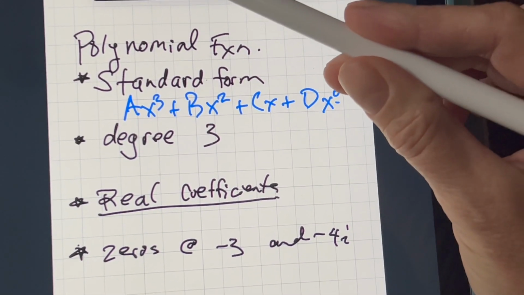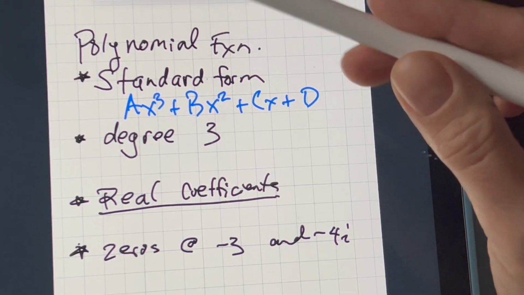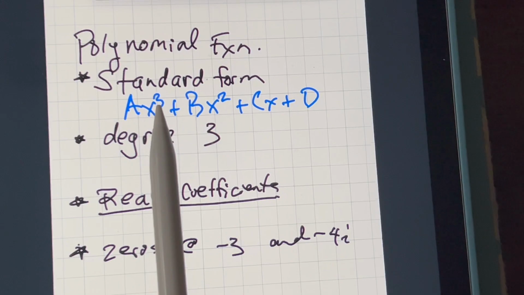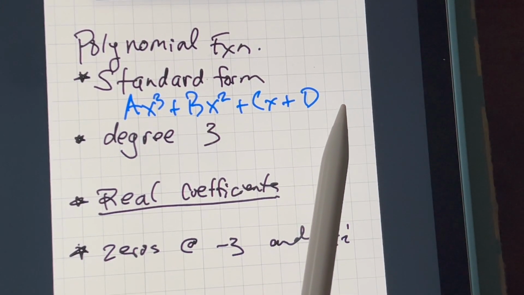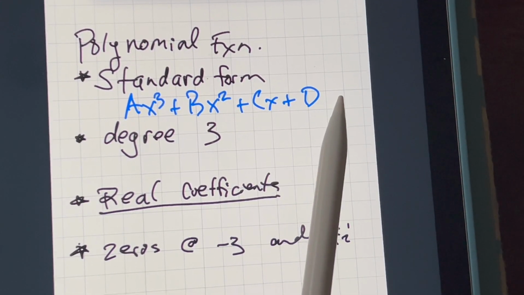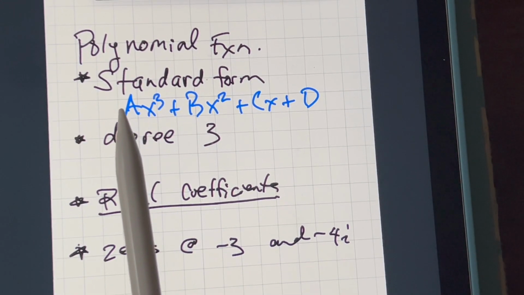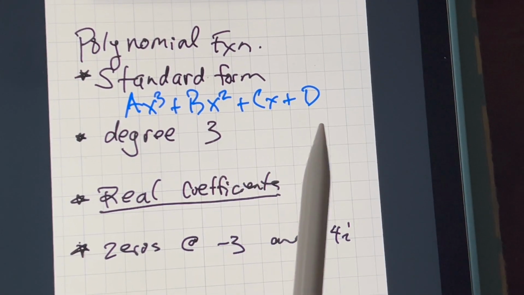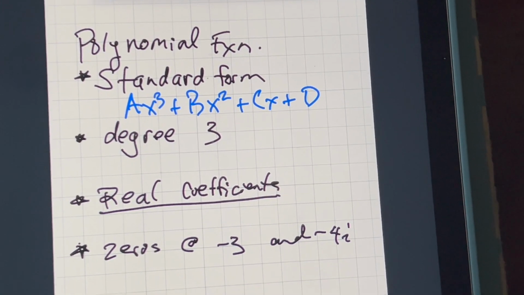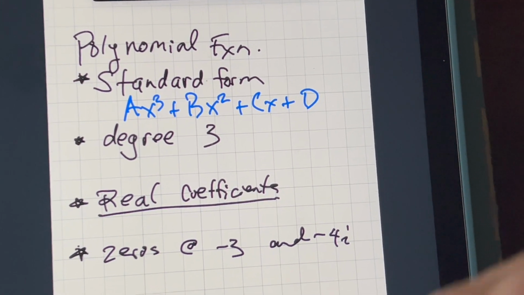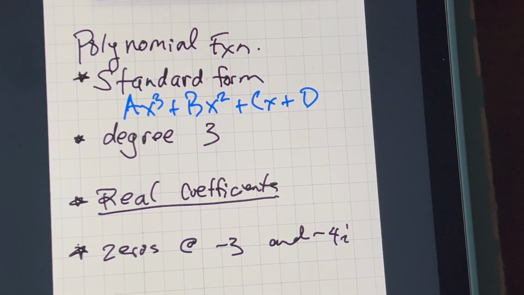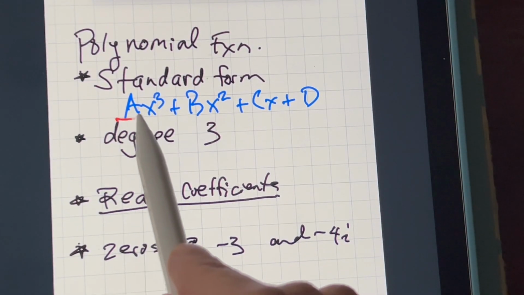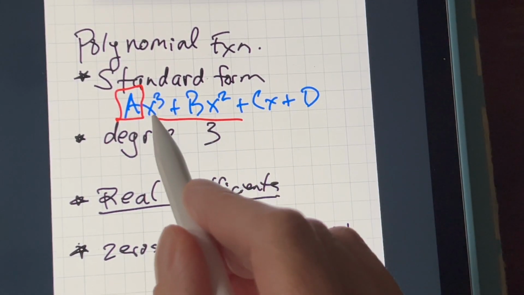So standard form of any polynomial is highest degree first, descending order to 0, of the x's. The A, B, C, and D are capital letters, those are going to be whole numbers, which are called our coefficients, with A being the lead coefficient.